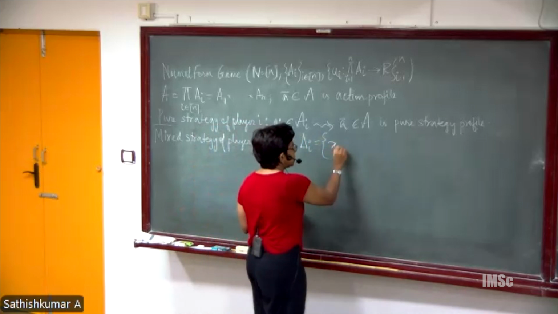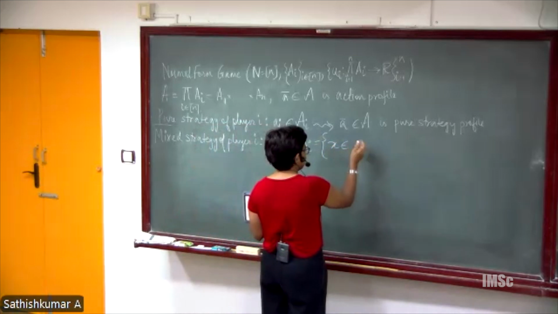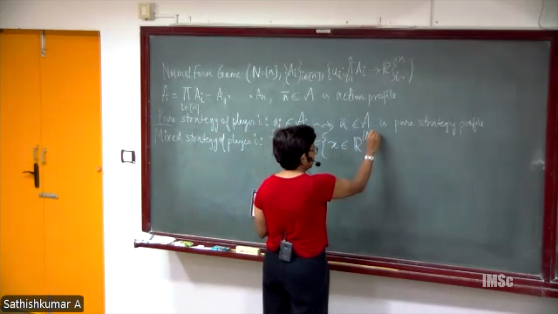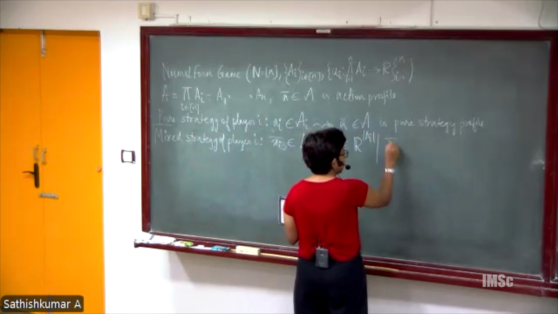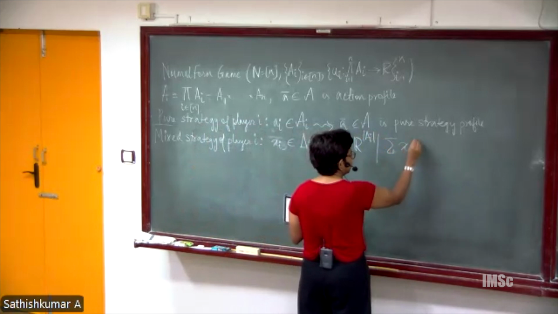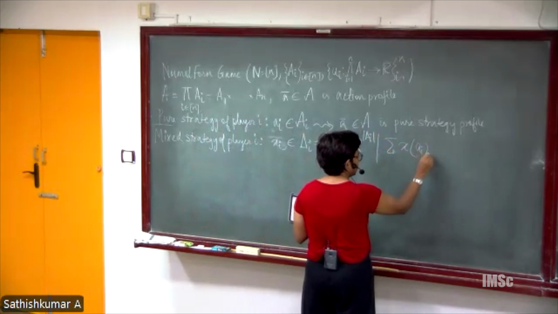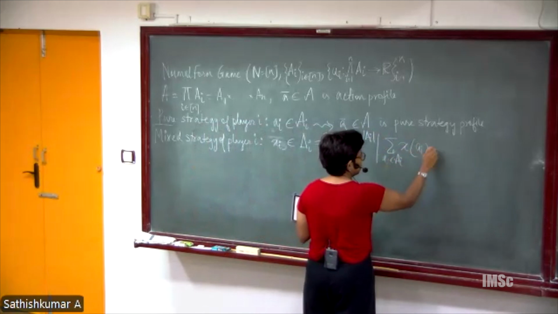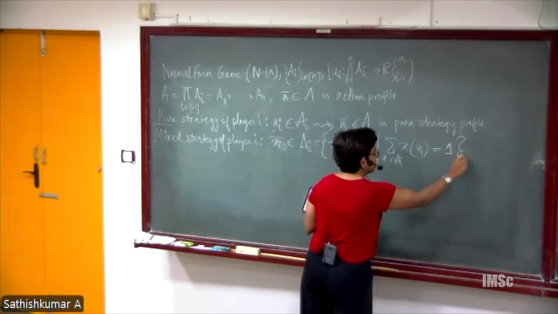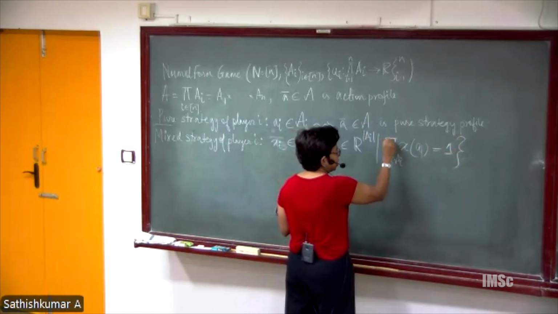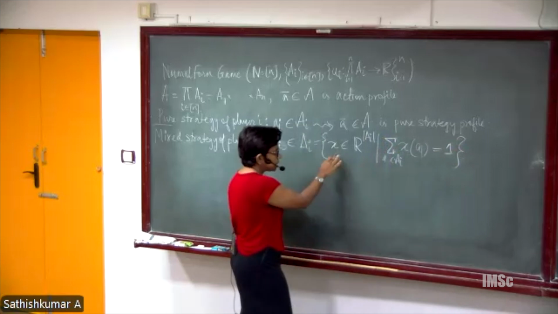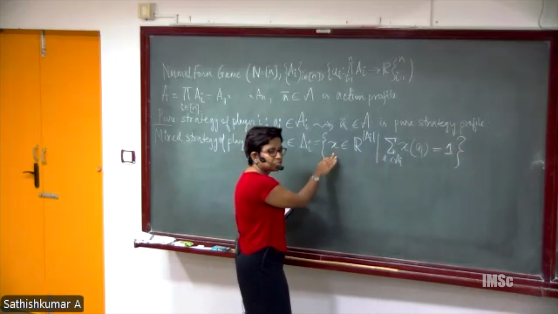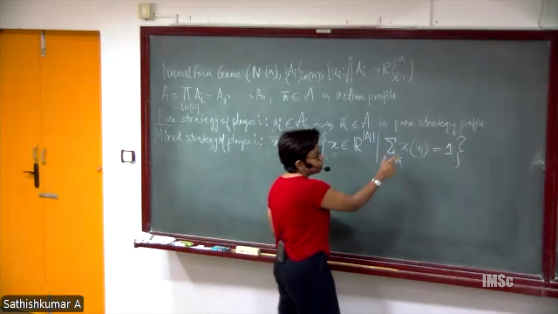You may have seen this; this is a name for it. So what I'm doing is I'm representing the probability distribution as a vector, and the vector is indexed.